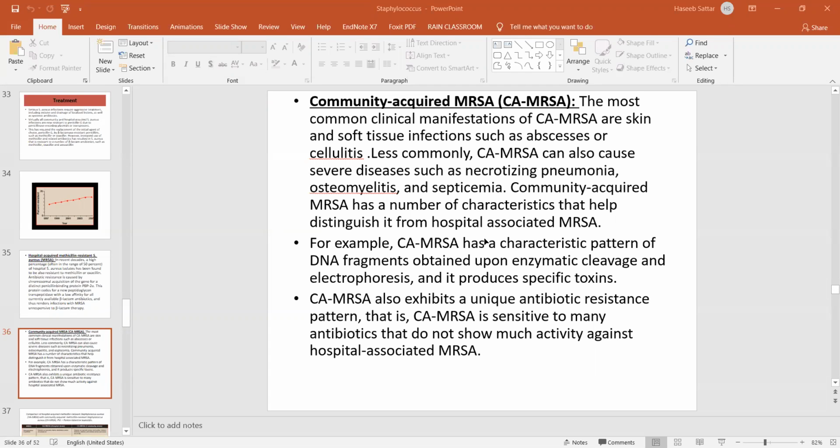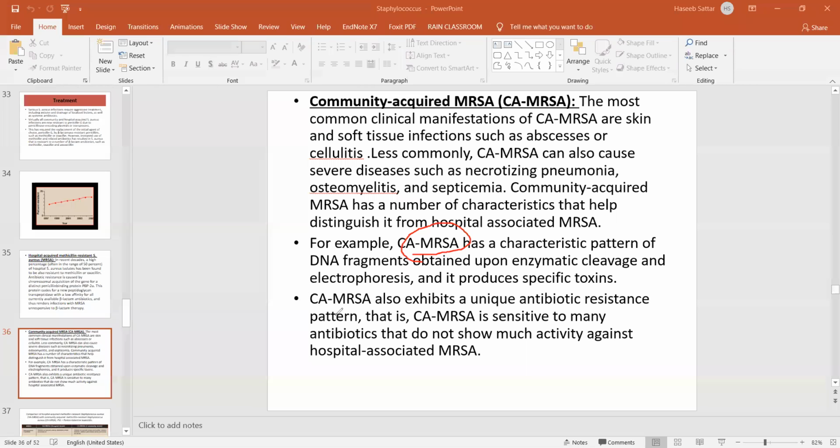When we compare the DNA sequence of community acquired MRSA and hospital acquired MRSA, after PCR or enzymatic cleavage, their DNA fragments are different. They have different DNA sequence fragments.